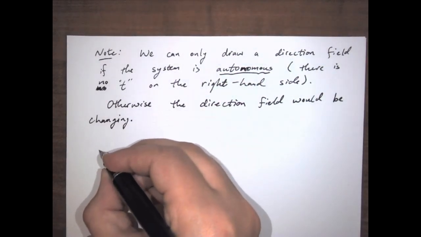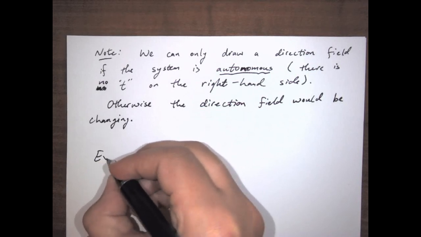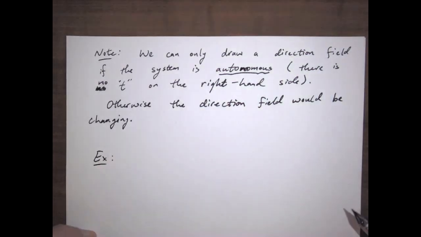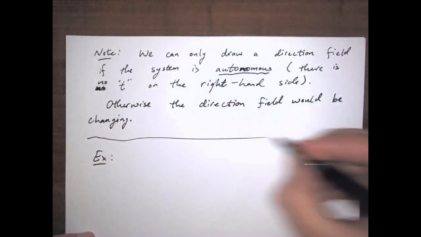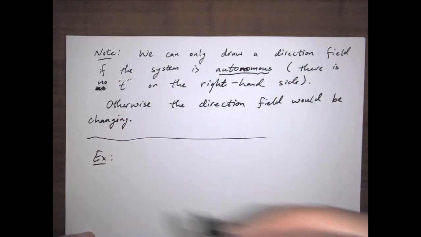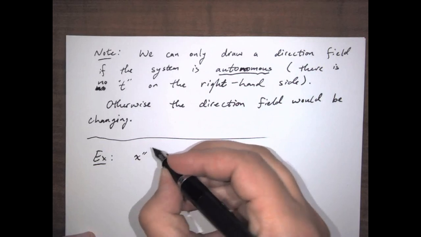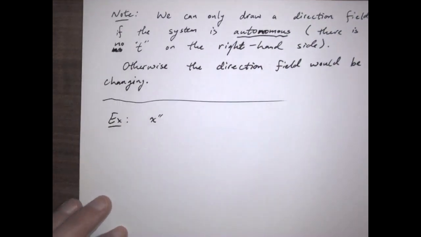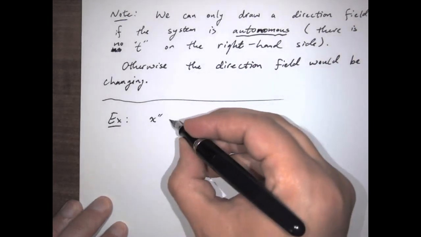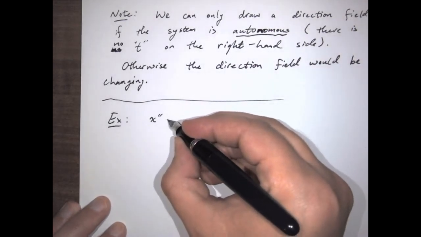So let's take an example. As an example, let's take a modified version of the differential equation that we were talking about earlier. Namely, it would now have to be a homogeneous second order equation so that its system would be autonomous.